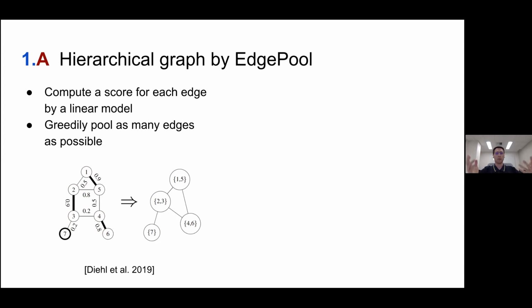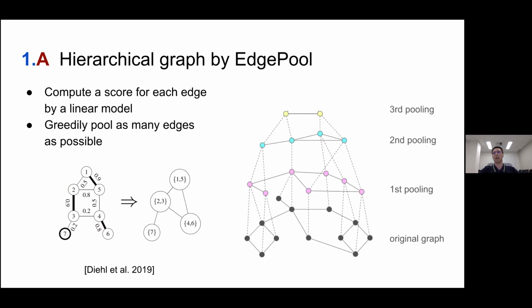It's not the optimal matching, of course, but it works pretty well in practice. This way we can create coarser and coarser graphs, and that gives rise to this kind of hierarchical representation where we're down-pooling the graph by contracting these edges.